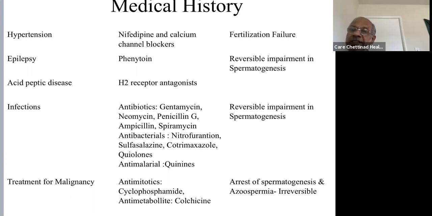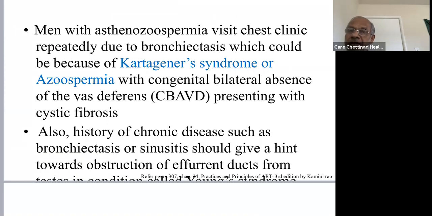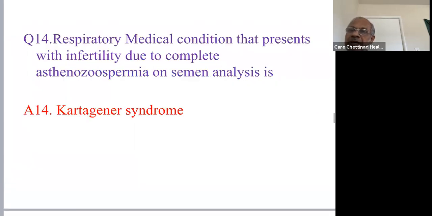Again, conditions like Kartagener syndrome, where they have bronchiectasis or cough and cold, can lead to problems in the sperm structure or sperm movement. Many chronic diseases can lead to problems. So if you're looking at a man who's coughing and reporting a childhood problem, he may be having Kartagener syndrome.